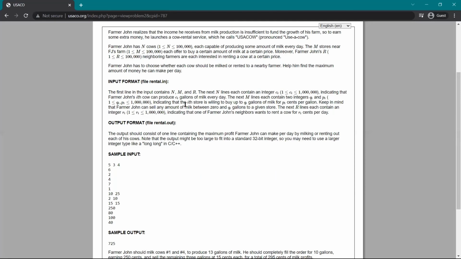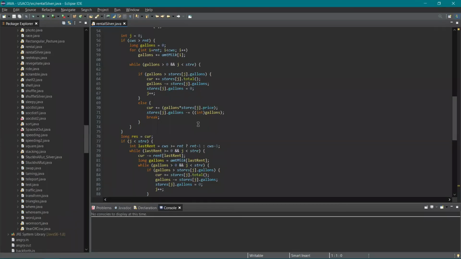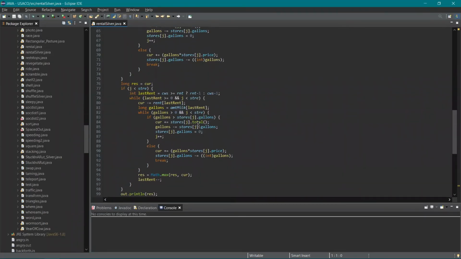And that's what we've done here in the second part of the computation. This is the part where we slowly shift through, trying to find the maximum.